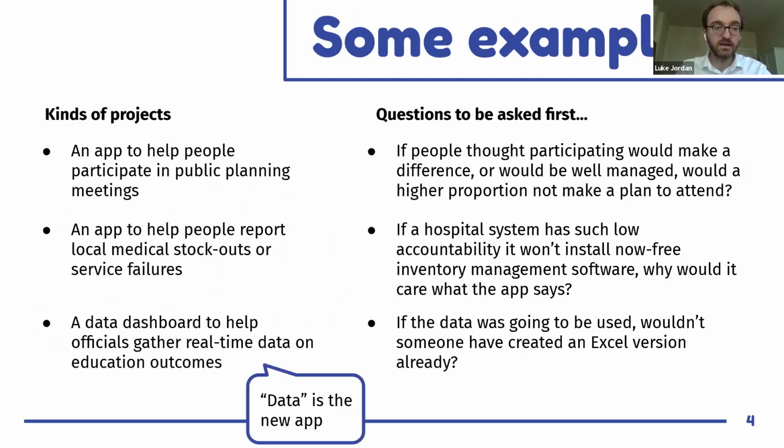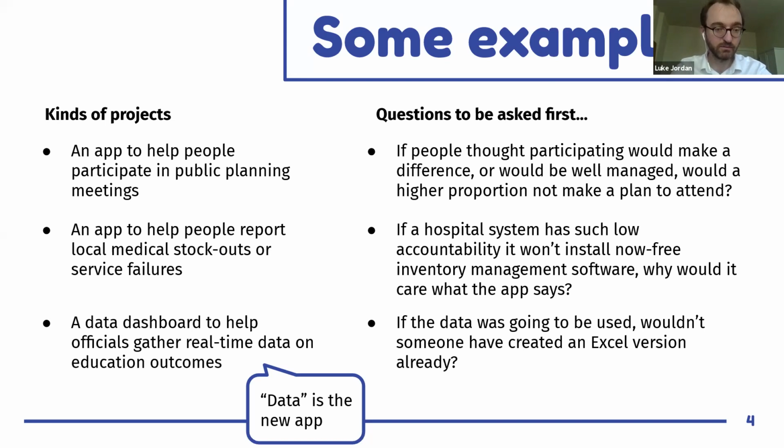So the kind of projects, and these are some examples to make this more concrete, are things that I'm sure many people on this call have seen come up, have seen floated, have seen proposed in one form or another, and which, to be clear, sometimes it does make sense to build.